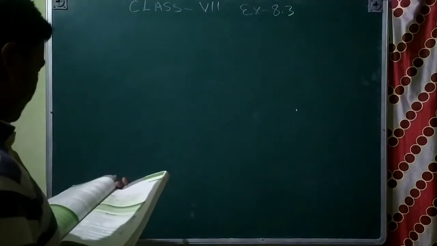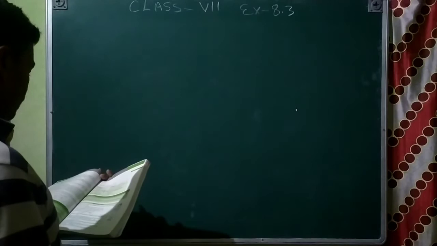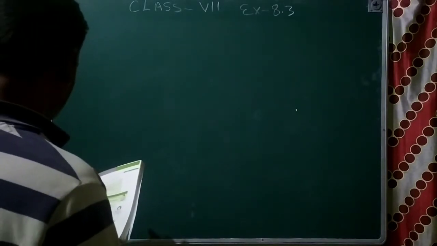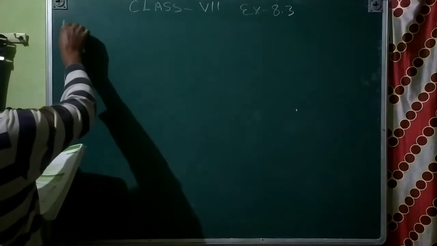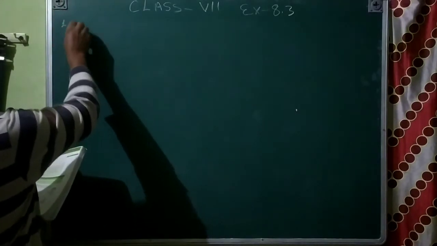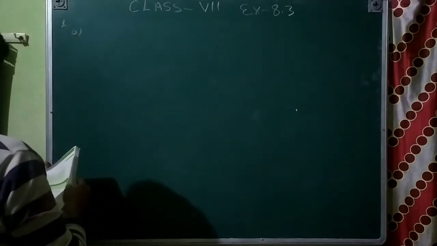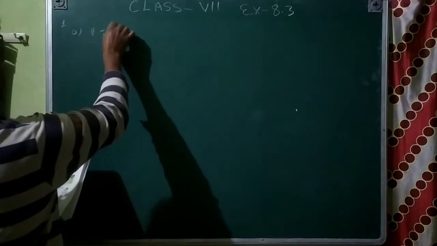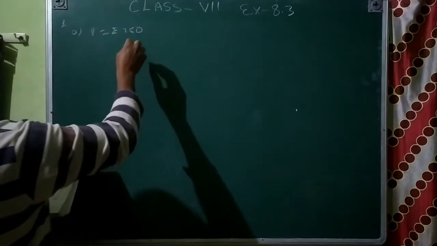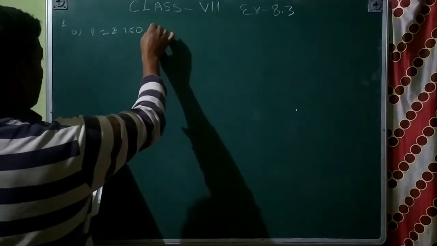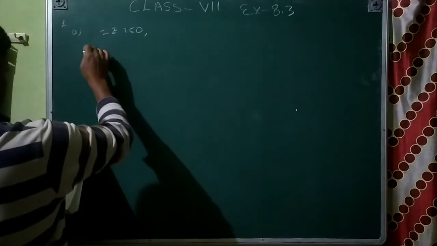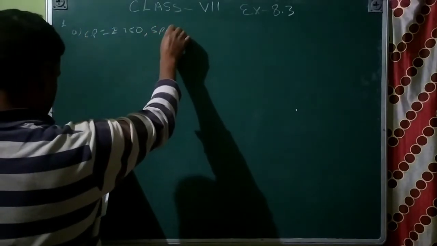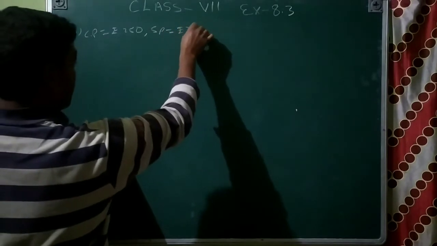Exercise 8.3. Tell whether there is a profit or loss in the following transactions. Also find the profit percent or loss percent. For the first question, part A, the bought price, that is the CP, cost price, is 250 rupees, and the SP, selling price, is rupees 325.